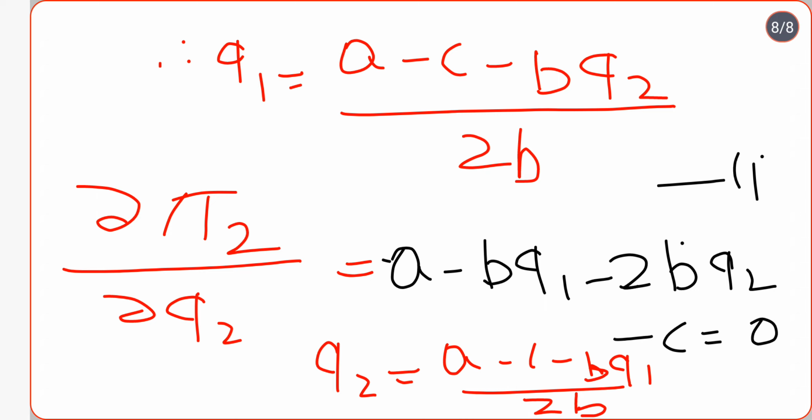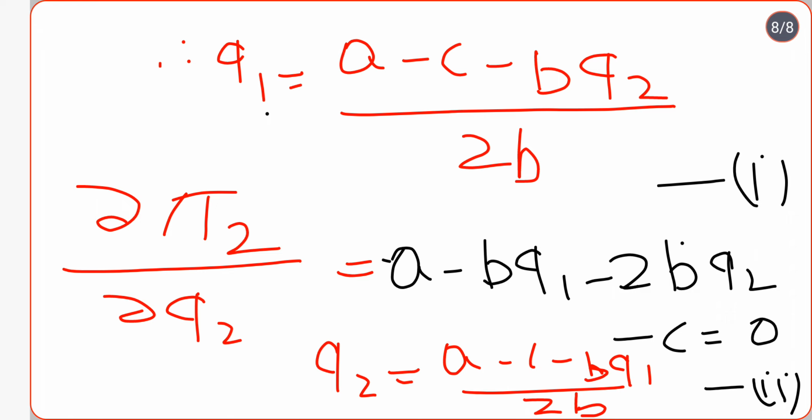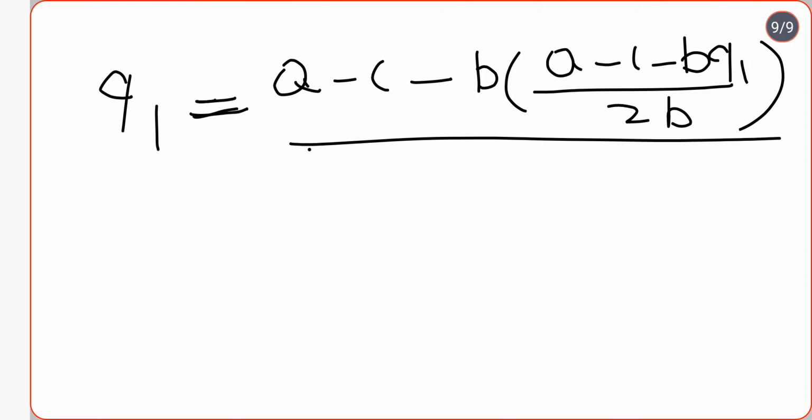Now let me call these equation 1 and equation 2. I want to substitute the value of Q1 in equation 2. In the value of Q1, I want to put this value A minus C minus BQ2 by 2B. So I put equation number 1, and within equation number 1 I want to put the value of Q2, so A minus C minus B times A minus C minus BQ1 divided by 2B, and I multiply it by 1 by 2B.